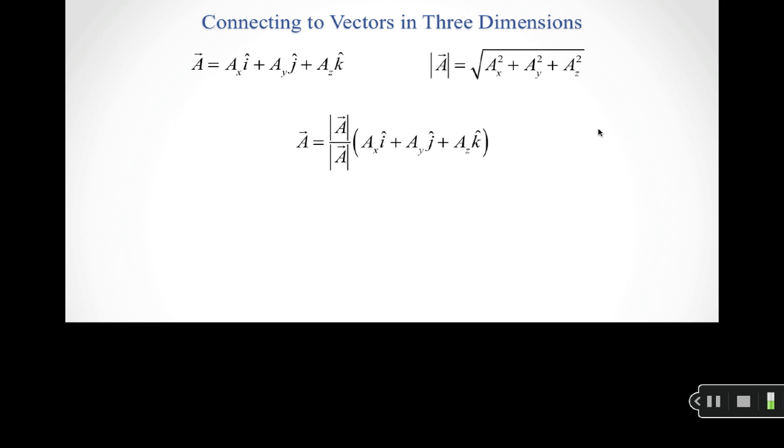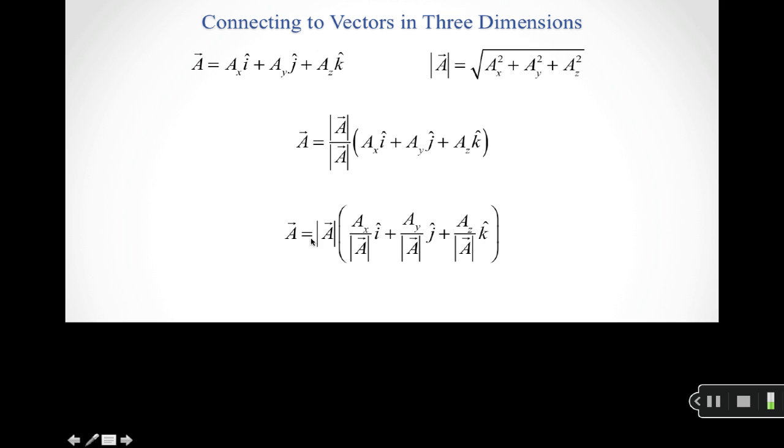Well, I can take anything and multiply it by the number 1, and I don't change the equation. And so here, I happen to take my equation for vector A that I started with and multiply it by a fairly unique version of the number 1. In this case, it happens to be the magnitude of vector A divided by the magnitude of vector A. And so what I can do now is I can distribute this magnitude of vector A on the bottom.